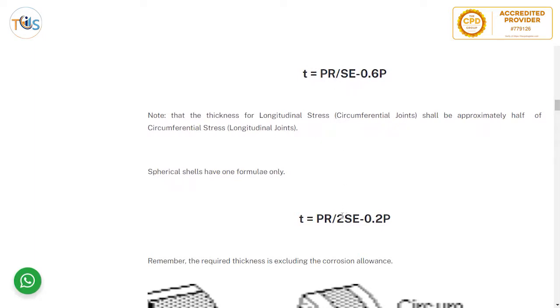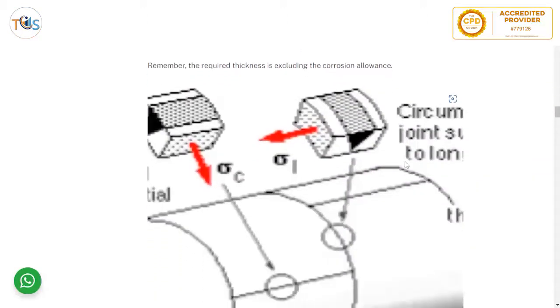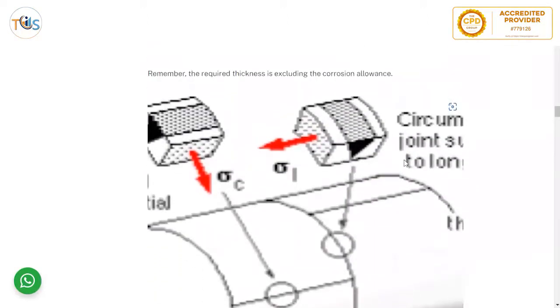As you can see, on the circumferential joint it is 2SE, whereas here it is only divided by SE. So the thickness you need for a circumferential joint is almost half of what you need for a longitudinal joint according to the formula.